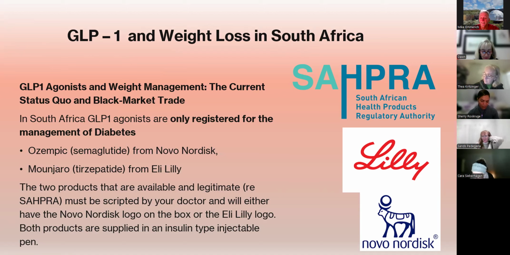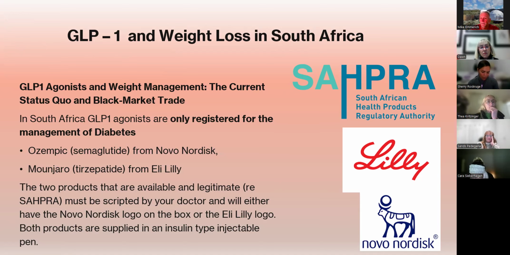So any product that doesn't have that branding on, you shouldn't be using it. Any product that has that branding on, you should be very skeptical as well, and make sure that it is a legit one. Because they are only released in South Africa in pretty much like an EpiPen or an insulin pen.